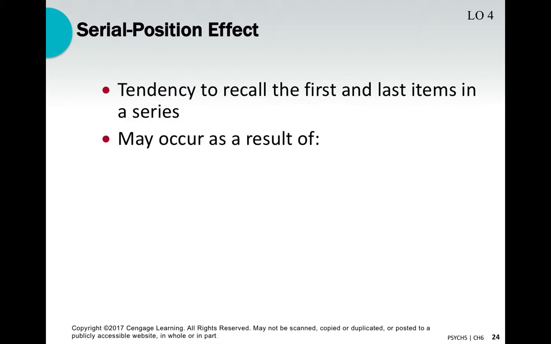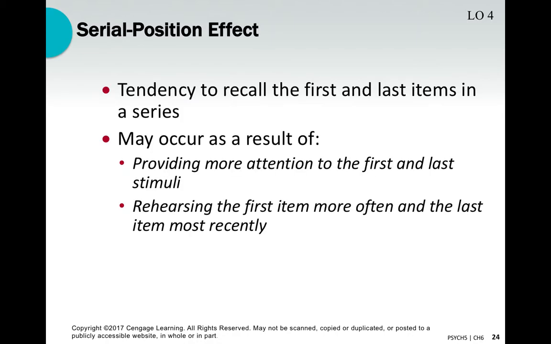When we're trying to memorize things, especially when we're trying to draw things into short-term memory, there is an interesting phenomenon, the serial position effect, where we're more likely to remember things at the beginning or the very end of a series of items. For example, if you're in class doing one of those icebreaker activities and you have to memorize everybody's name, you're more likely to remember the people at the beginning or at the end of the line than the people in the middle.